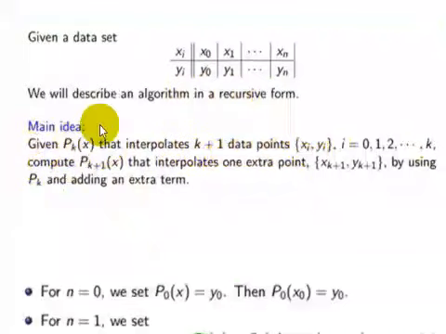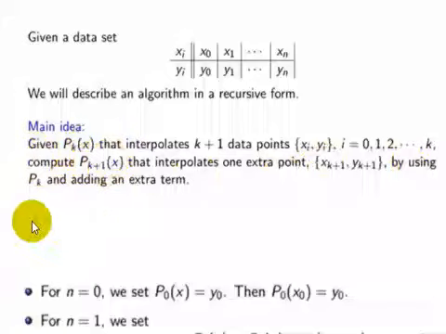Our goal is to compute the k plus 1 degree polynomial by using the polynomial we have. This is the k plus 1 degree polynomial that interpolates one extra point.